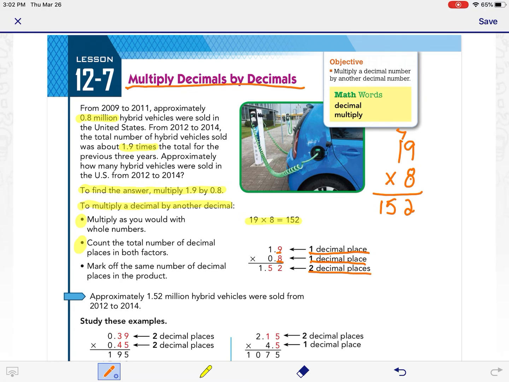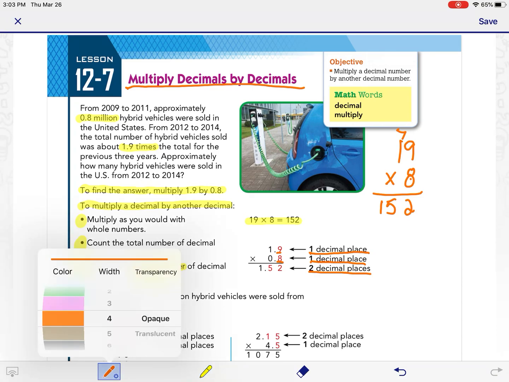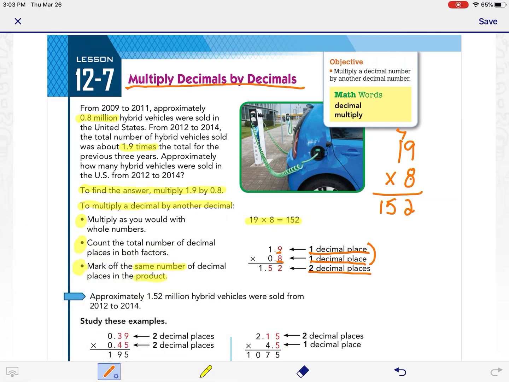And remember our rule, which is right here, the third step: mark off the same number of decimal places in the product as there were in the factors. So if there are 2 decimal places in the problem, there need to be 2 decimal places in the answer. Look at what they did to their 152. Where is the decimal point when you have a whole number?